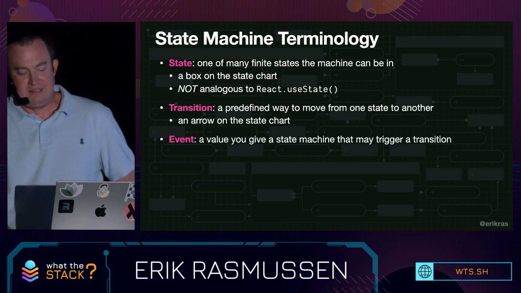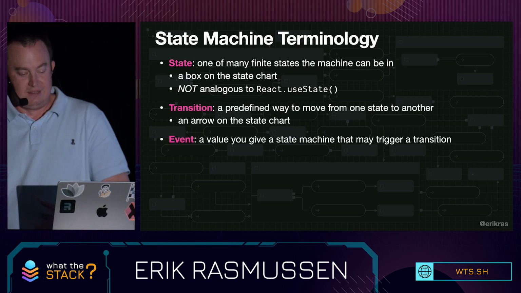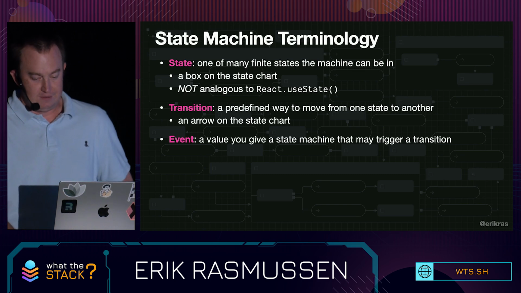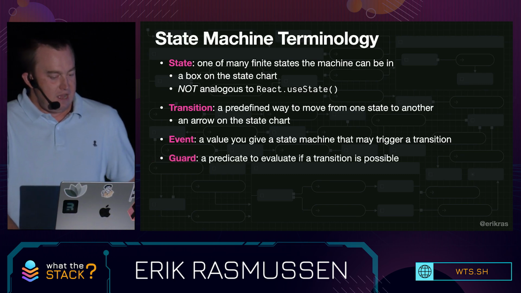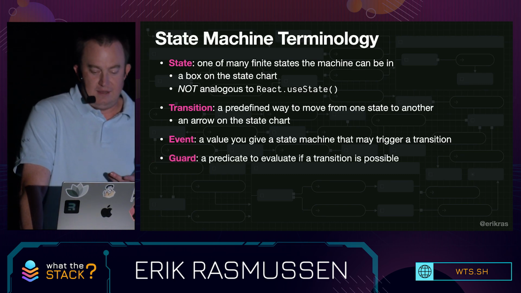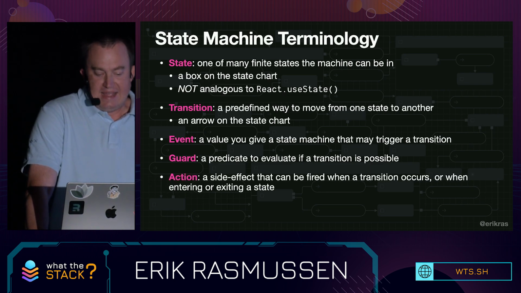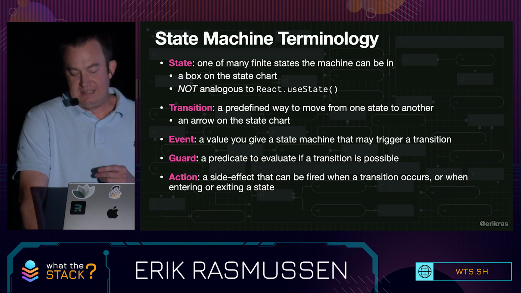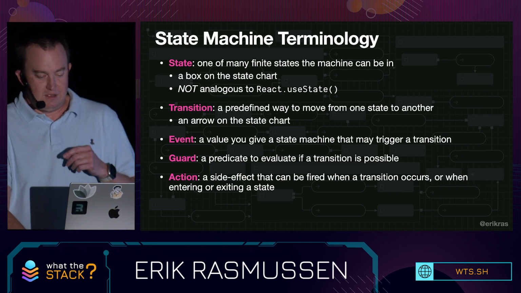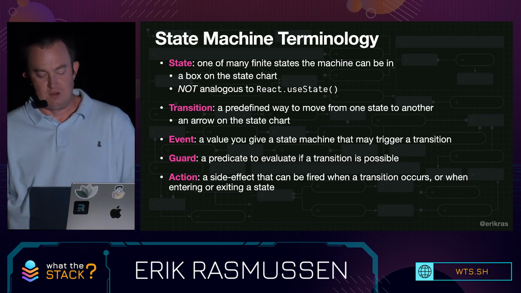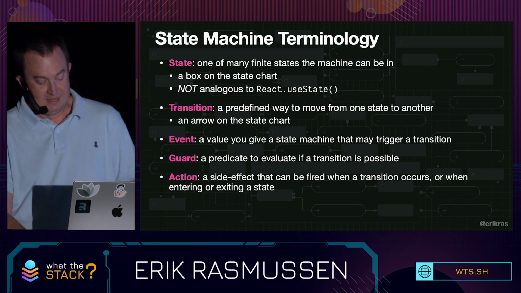An event is a value that you give to the state machine that may or may not trigger a transition to another state. A guard is a predicate to evaluate to determine if a transition is possible. And an action is a side effect that can be fired when a transition occurs or when entering or exiting a particular state.